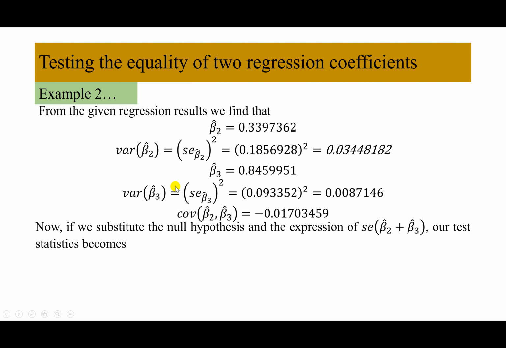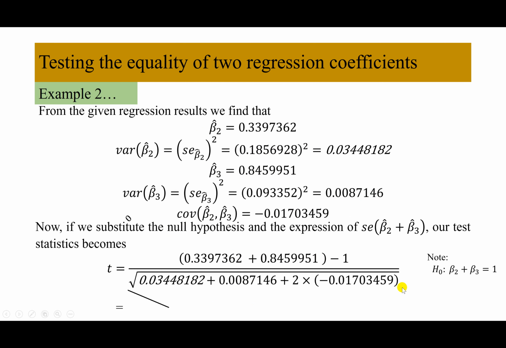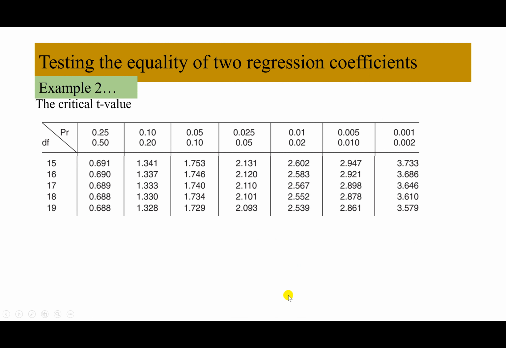Now let us substitute all these values into the t ratio formula as follows. If we simplify these expressions using a calculator, we get a t ratio of 0.668. Now let us find the critical t value from the t distribution table.